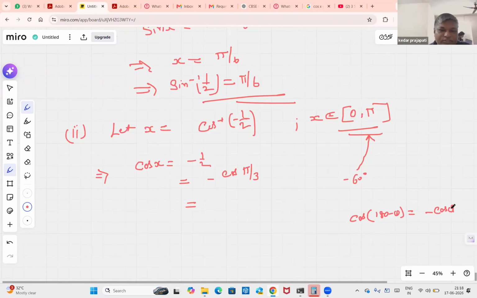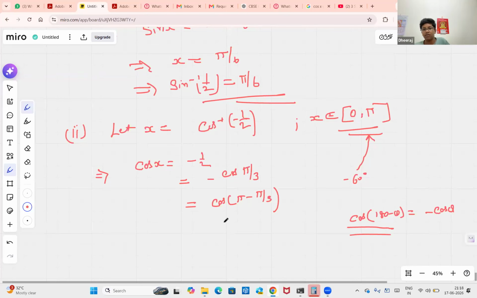So I will change it simply: cos of pi minus pi by 3. Are you getting this identity, or should I explain?